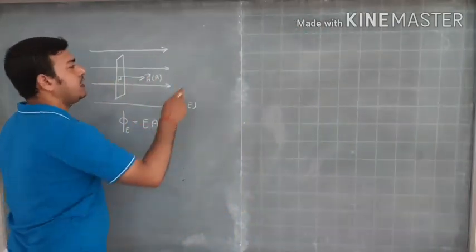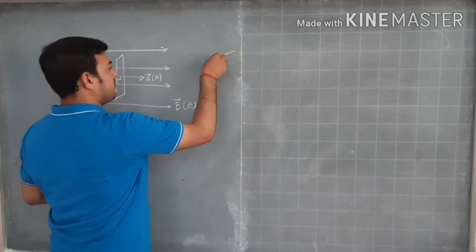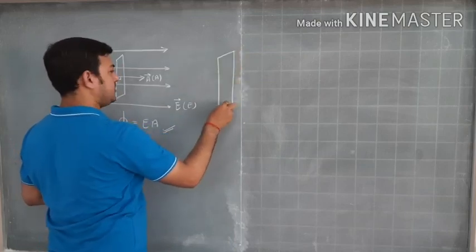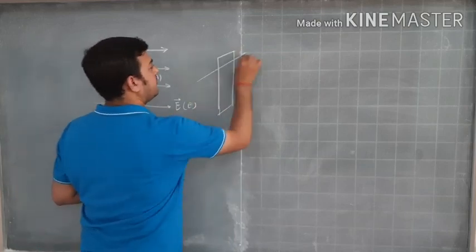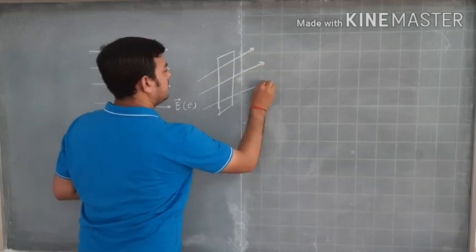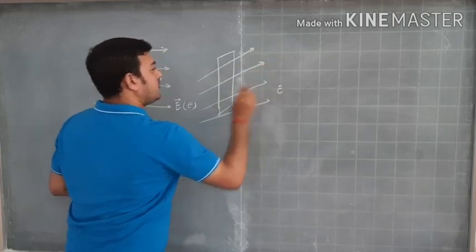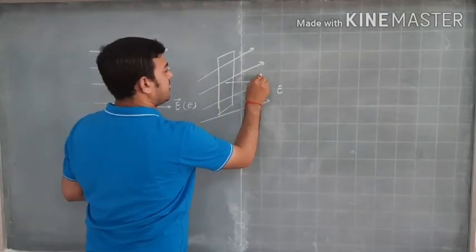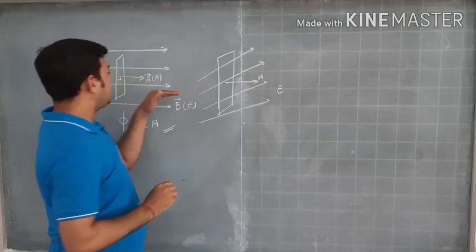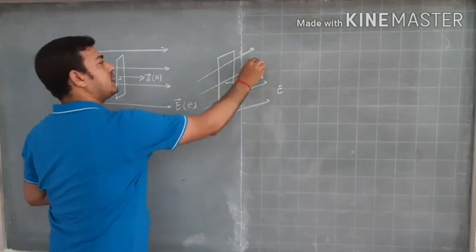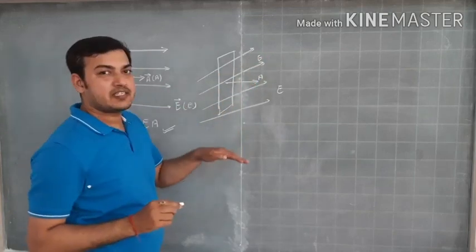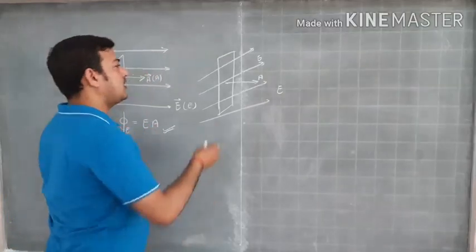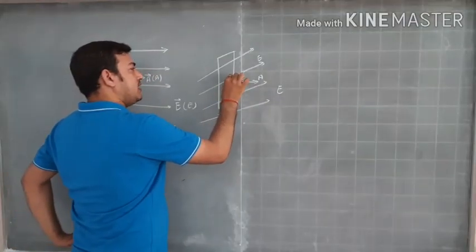On the other hand, if I take my surface as it is and say that the electric field is something like this, and I draw a normal to the surface, it will come in this direction. Now since the electric field and area vector are not parallel to each other, let me choose this angle as theta.